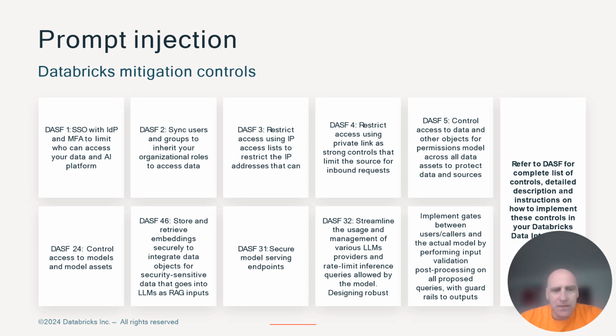Some of these are specifically tailored to the Databricks platform, but most of them are going to be overarching controls that we need to think about to protect our models. Again, how we can secure model serving endpoints, control access to models and model assets, and how we can restrict things using private links. All of these are considered risk mitigation tactics to prevent prompt injection.